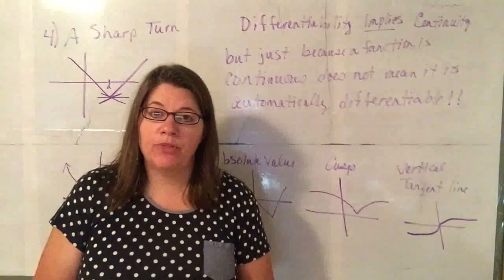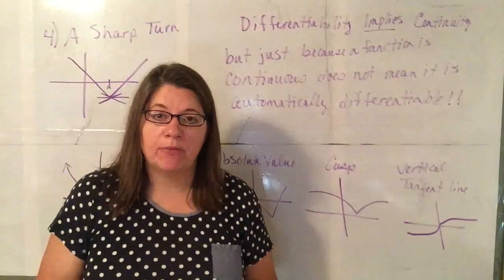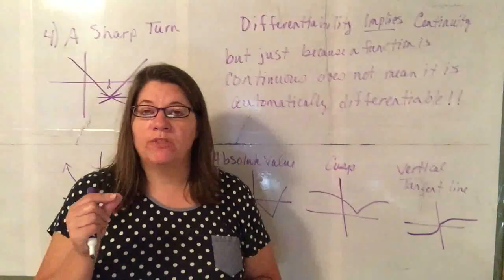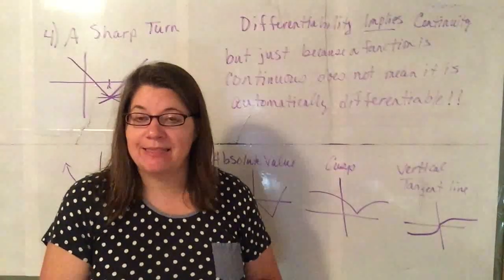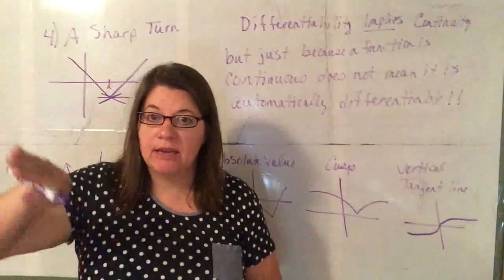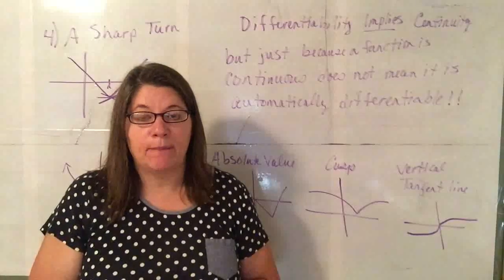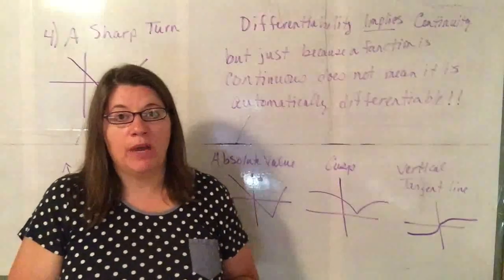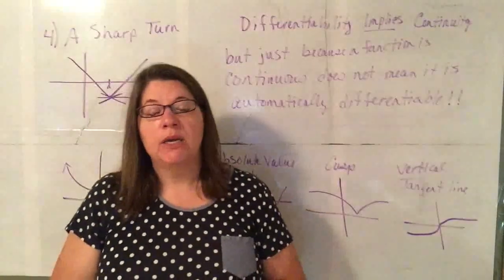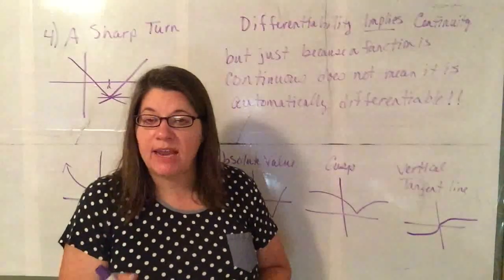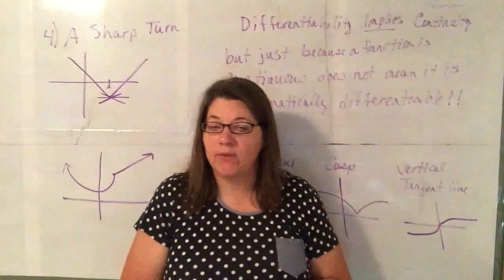So some examples they might give you: they may give you an absolute value function and they ask you to find what the slope of the tangent line is at that specific point where it does the sharp curve. You would have to say it's not differentiable at that point. They may give you a piecewise function and they might ask you to determine what the differentiability or what the derivative is at a specific point on that piecewise function.